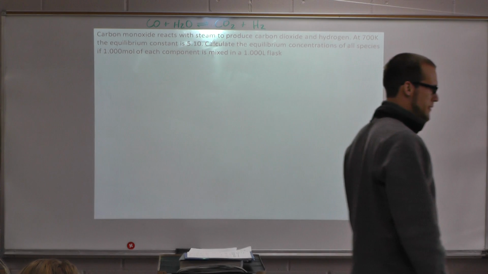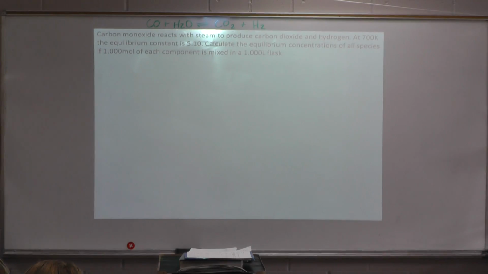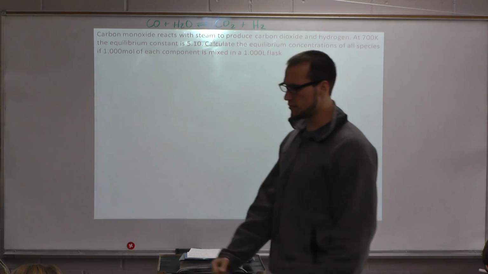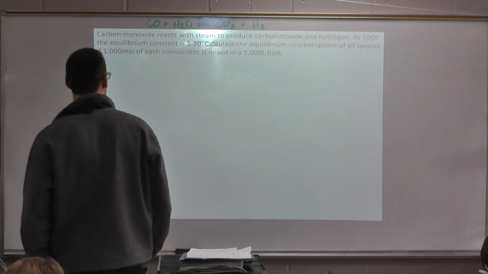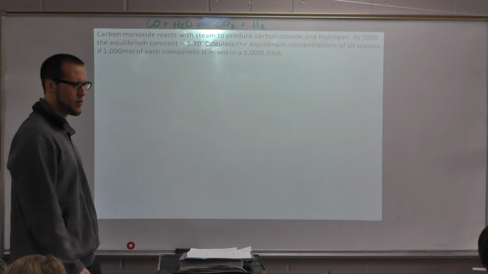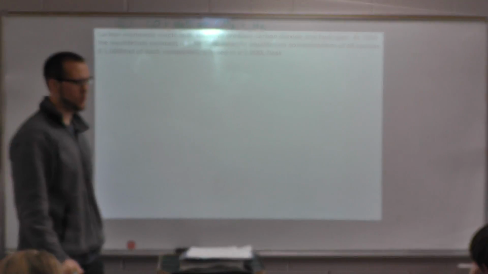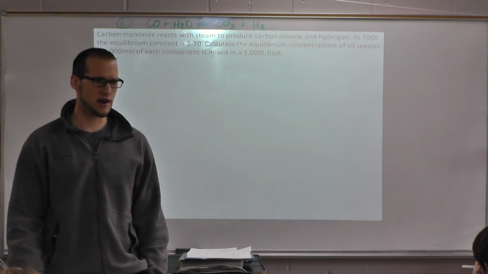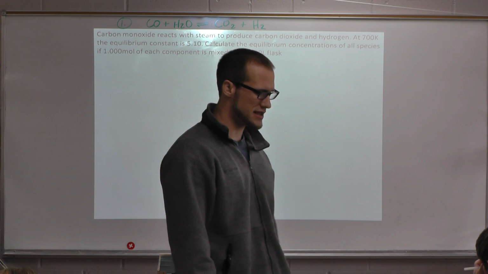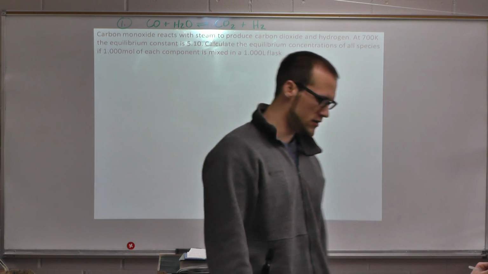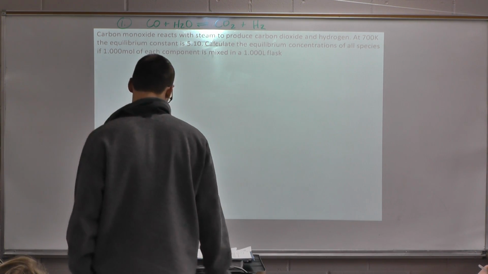And you can probably imagine why we need the balanced chemical equation. If we're doing the equilibrium expression stuff, anything dealing with equilibrium, we're going to need the correct balanced chemical equation. That's the first step. What's the second step? I'm going to write the equilibrium expression.